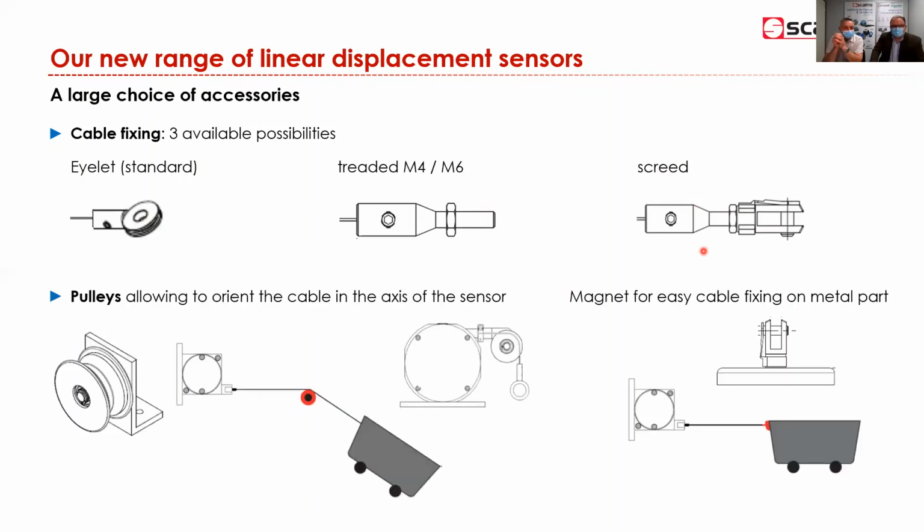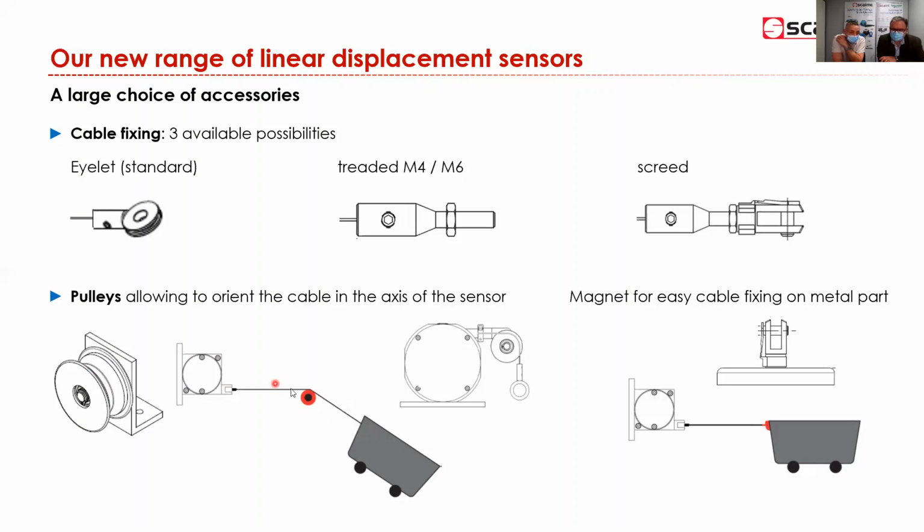If we need to have an angle for whatever reason, we have the possibility to offer pulleys. To help the customer, there is a pulley where the cable can turn or touch this part, no problem. Here it's the pulley. You can see the sensor on this picture, with the moving object where you attach the cable.